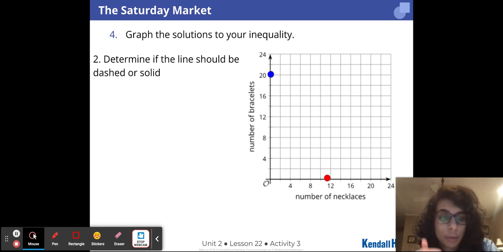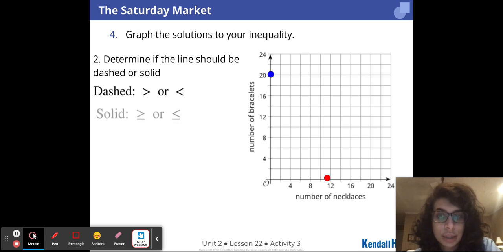In this case, are we talking about greater than, less than, greater than or equal to, or less than or equal to? I want you to tell me which one is in my situation here. If it's dashed, it's greater than or less than. If it is solid, it is greater than or equal to or less than or equal to. Your third step, test a point and shade the correct region.